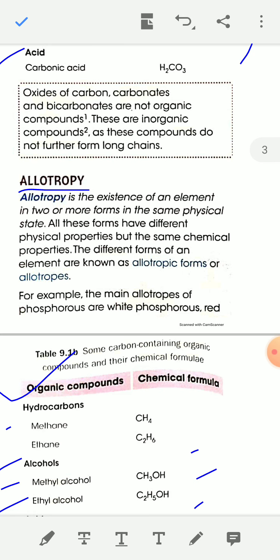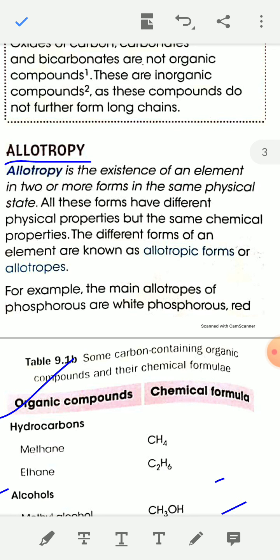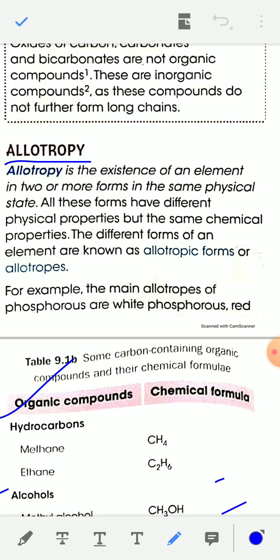Allotropy is the existence of an element in two or more different forms in the same physical state.